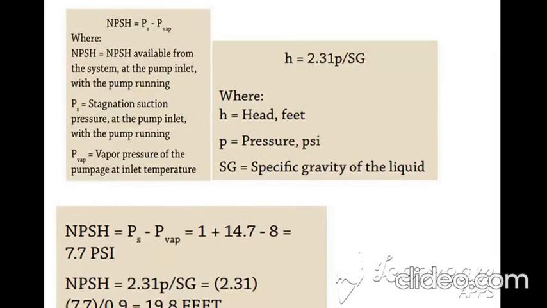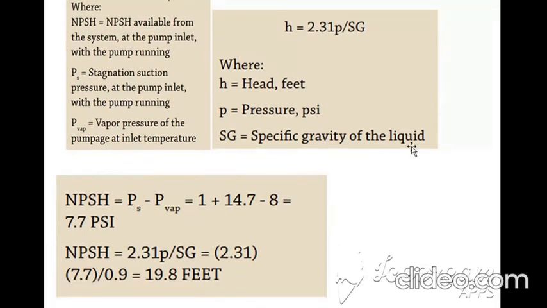If we want to find net positive suction head, then we will use that data, and here concentrate that the final result is in feet, which means it is a height and also a head, so head is also a height. So we will maintain only height if we are talking about net positive suction head. If that height is proper, then no pressure drop and no cavitation will occur.